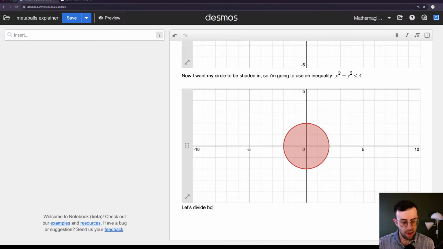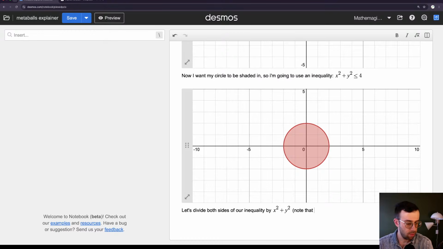Let's divide both sides of our inequality by x squared plus y squared. And we know we're allowed to do that because if x squared plus y squared equals 0, we'd divide by 0, but that's never going to happen because our circle won't exist if x squared plus y squared equals 0. I don't know if I have to write that.